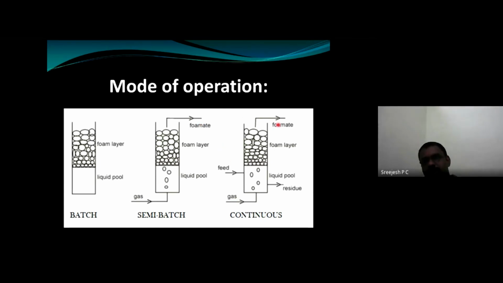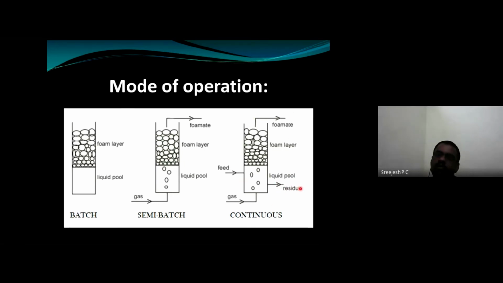Then it can be used in a continuous manner. When you are using it in a continuous manner, you will have a column where the gas is sparged continuously and the formate layer is removed continuously. At the same time, the feed is being pumped in continuously and the liquid pool with the residues is also being removed.